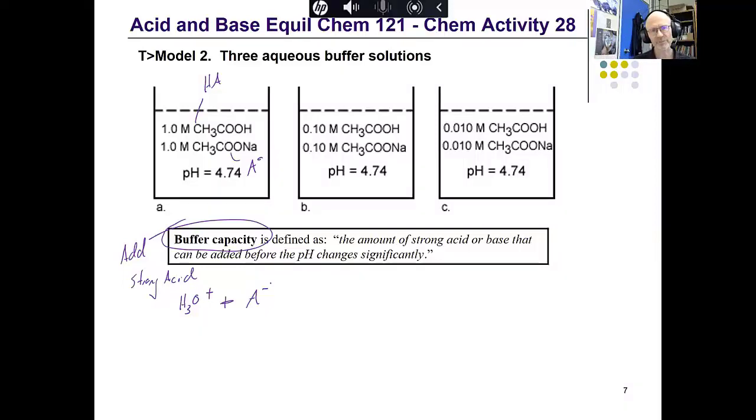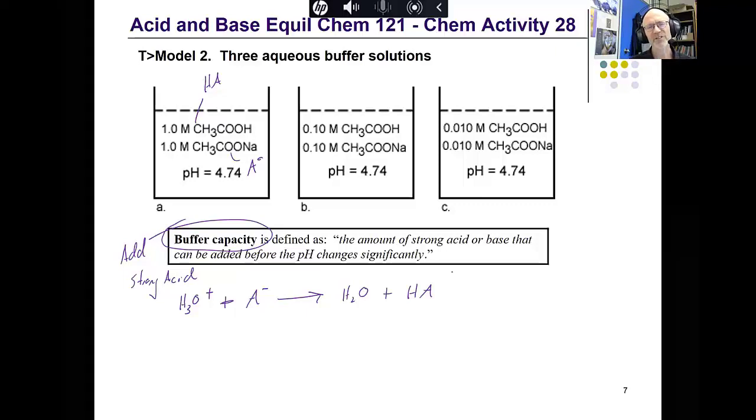So if you've got the conjugate base, well, it can react with the strong acid. Now, what are the products going to be of this? Well, in a sense, this is just kind of like a titration reaction. And so what happens here, of course, is we form H2O. The hydronium ion donates its proton to the A negative, and we form HA. So a buffer system has that conjugate base, the A negative, and in a sense, it soaks up the hydronium ion by producing some more weak acid.